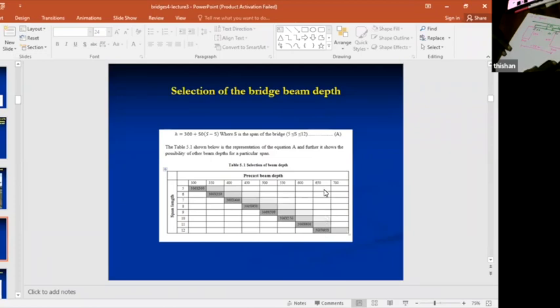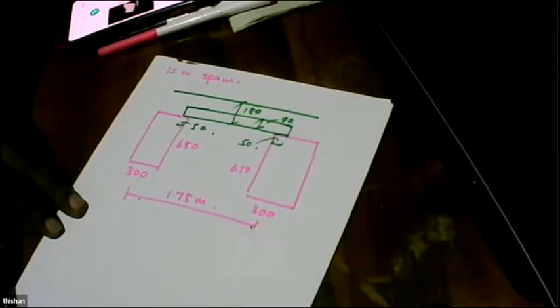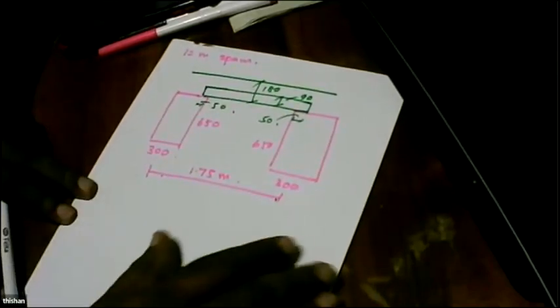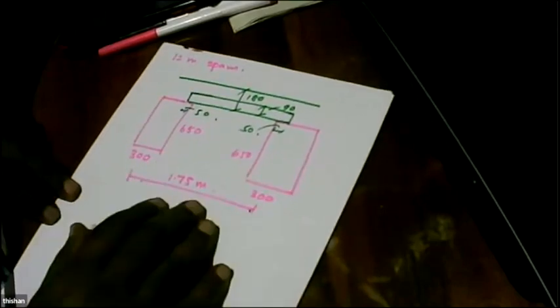And so I'll stop share. So you can see 650 by 300 and 1.75 meter spacing.